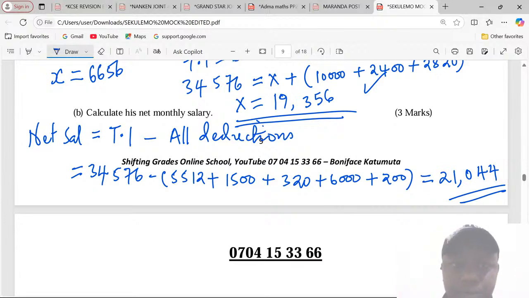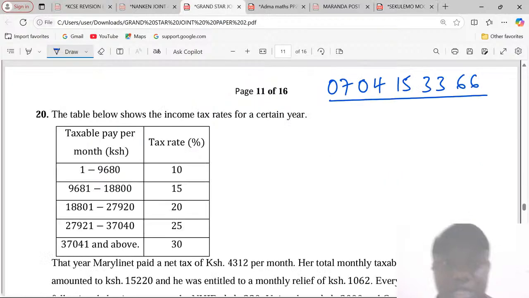Questions are many. We have plenty of questions here. We can look at number 20 in the grandstand.